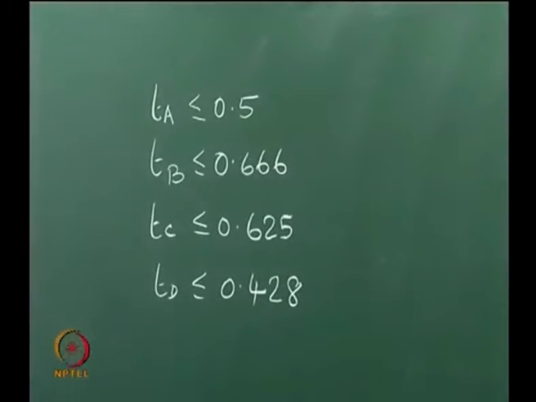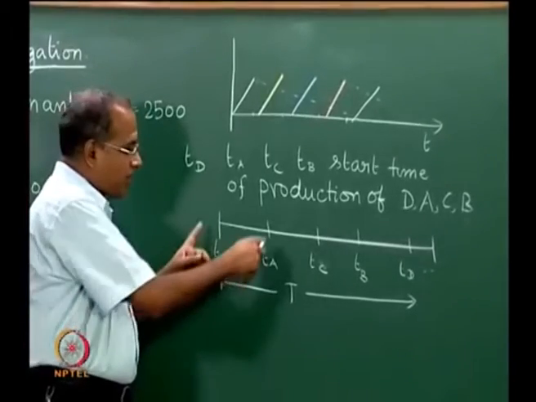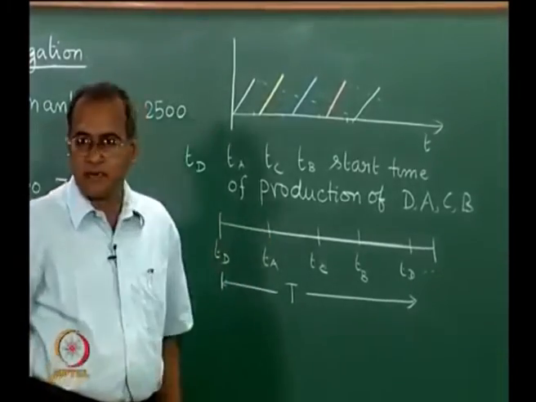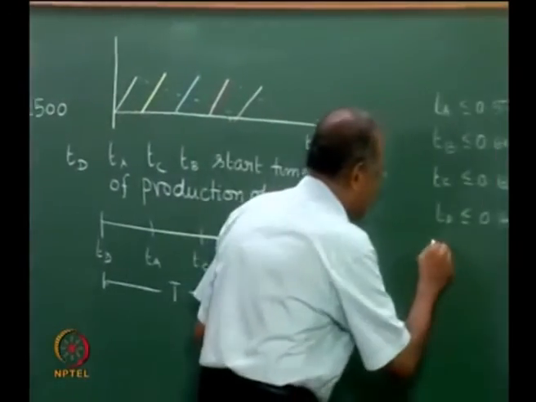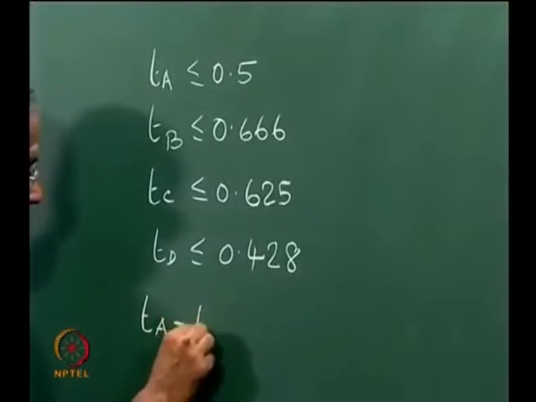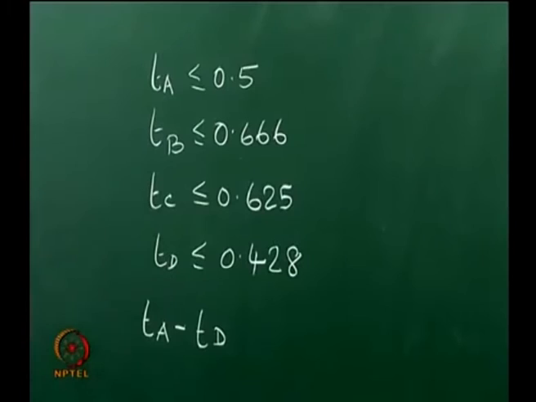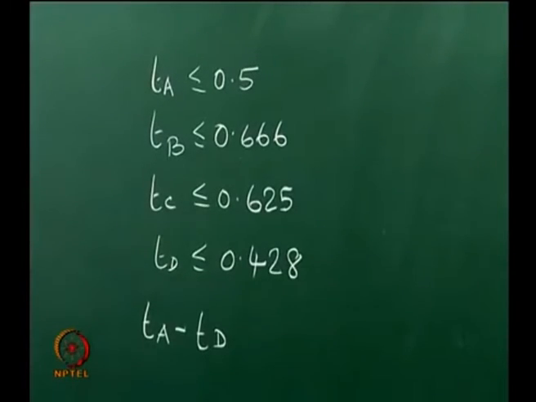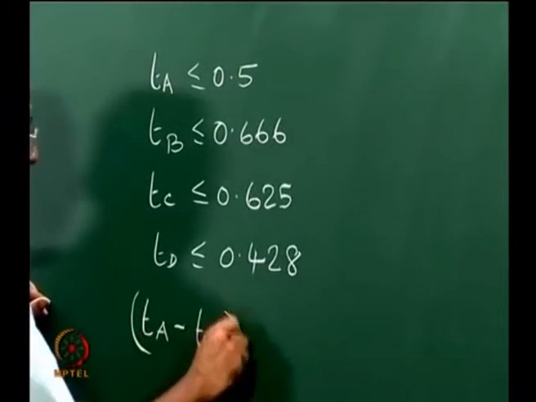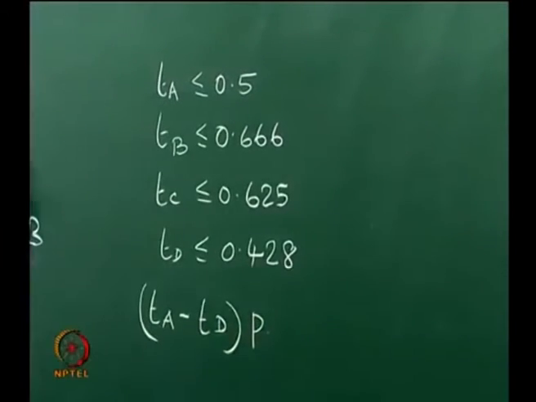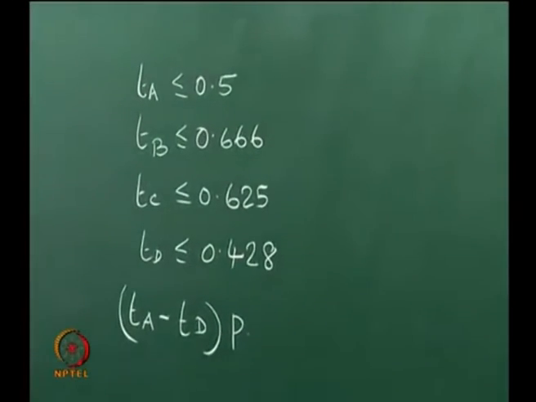Then we are producing this item, that is Td first, for a time period Ta minus Td. So, Ta minus Td is the time period for which we produce the item D, and that is produced at a rate of P, 2500.